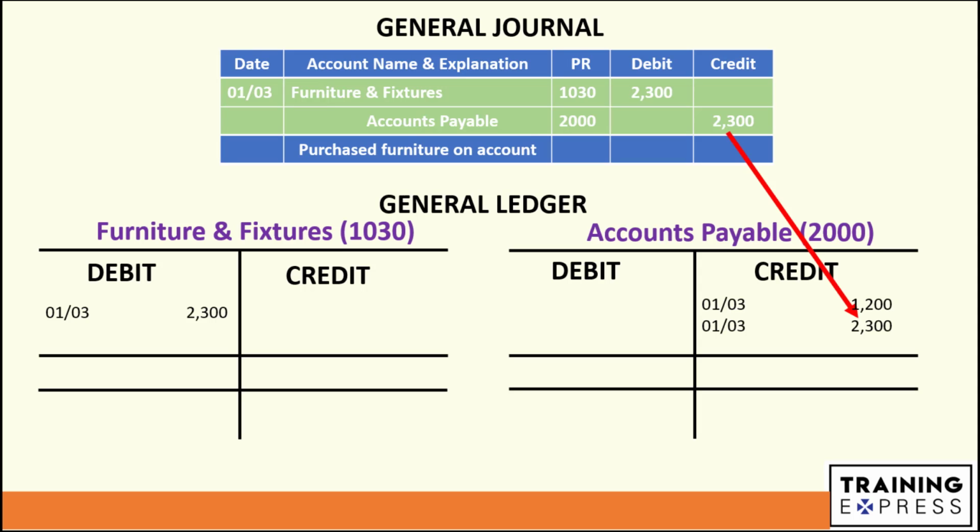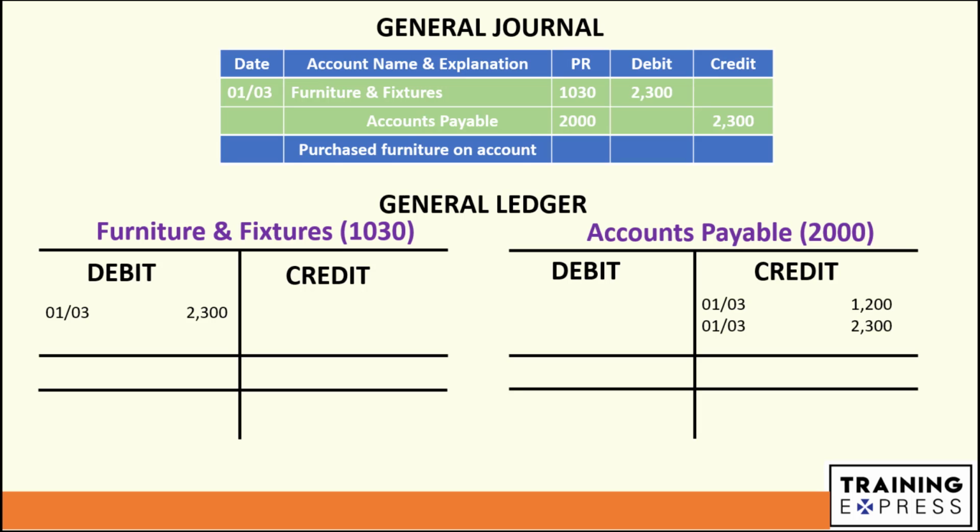Similarly, accounts payable is credited by $2,300 and we are writing $2,300 on the credit side of the accounts payable. You can also look at the posting reference. The furniture and fixtures posting reference is 1030 and for accounts payable it is 2000.